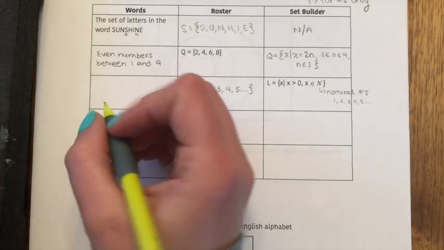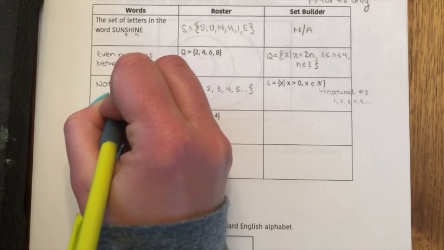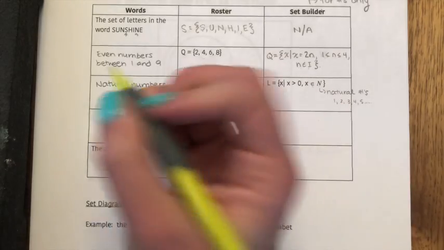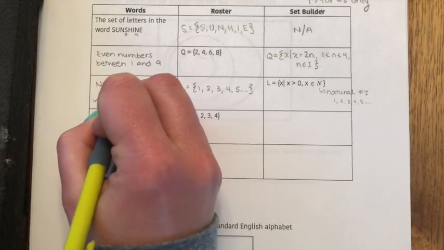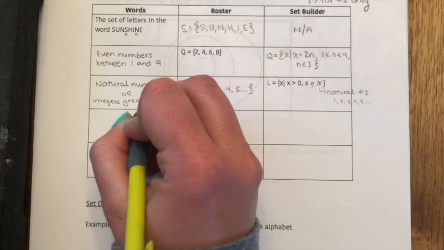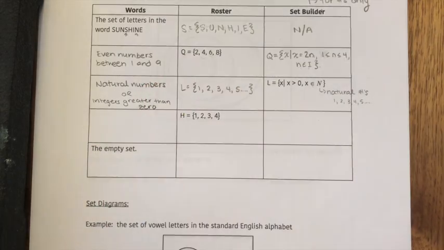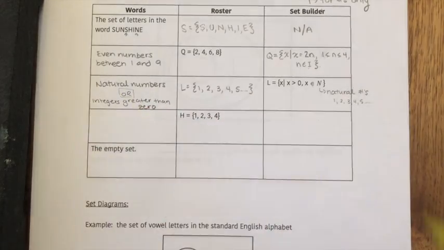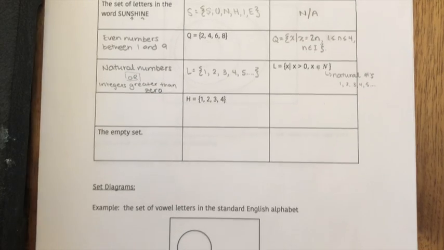So to describe this in words, I'm just going to say natural numbers. Or you could say integers greater than 0. So in a lot of cases, there's more than one way to describe a pattern. So we could use one of those two.